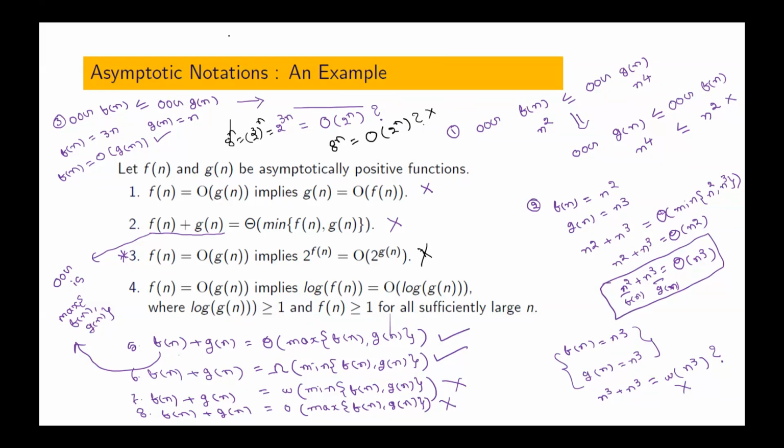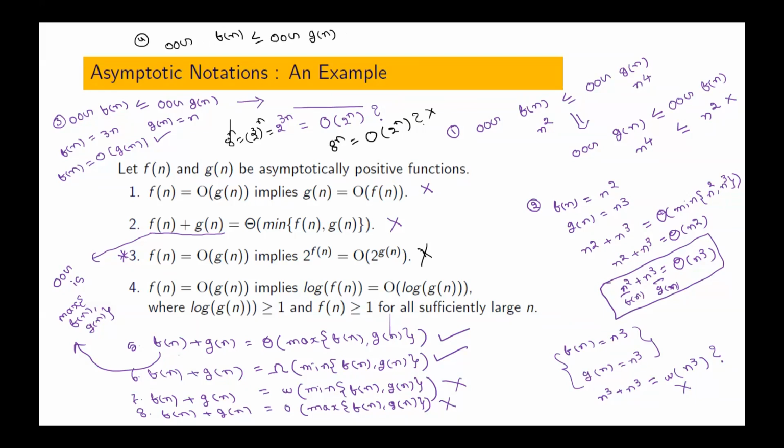So we have a function whose order of growth is less than or equal to the order of growth of g of n.